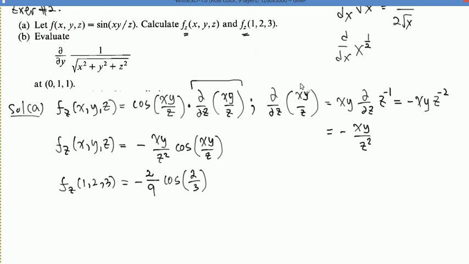So I calculate it separately. You see that xy can come outside like that because it's a constant multiple in that situation. So you can go outside, just deal with the z in there, z to the -1. If you differentiate, you get this one. And you replace back and simplify. And then plug in (1, 2, 3), then you get this value.